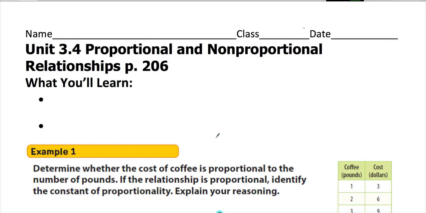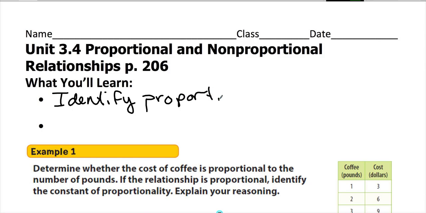So what we're going to learn for today, we're going to identify proportional and non-proportional relationships in tables and graphs.